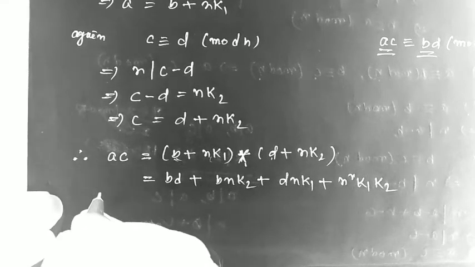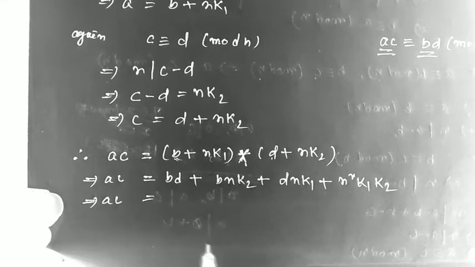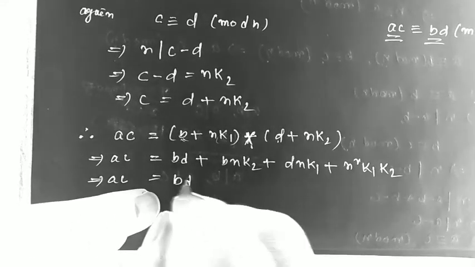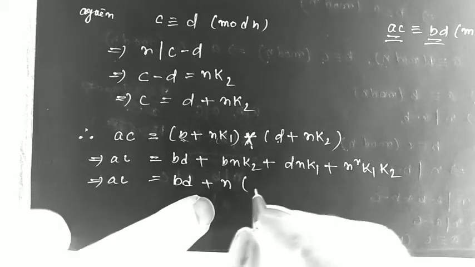Now see, here we have AC, so BD, and from the remaining part we can take n common.